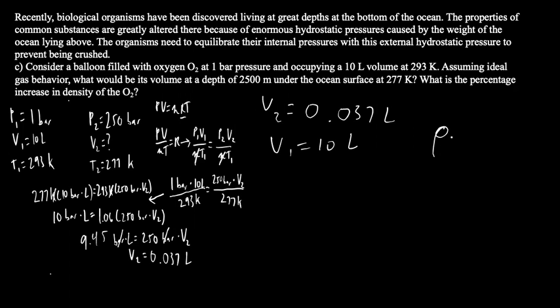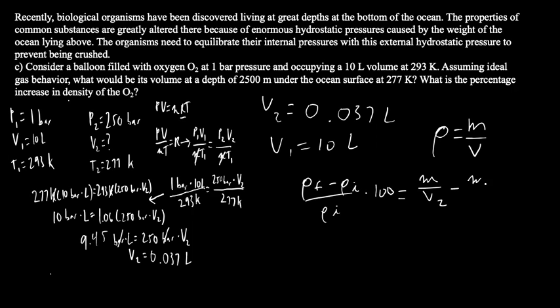So density, rho, is given by mass over volume. So to find the percentage increase in the density of O2, we'd use the percent change formula: the final density minus the initial density, over the initial density, times 100. And density, like I said, is mass over volume: mass over volume final, in this case volume 2, minus mass over volume initial, which is volume 1, all over mass over volume 1.